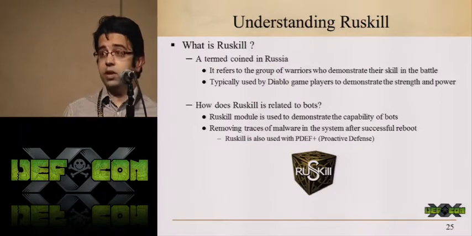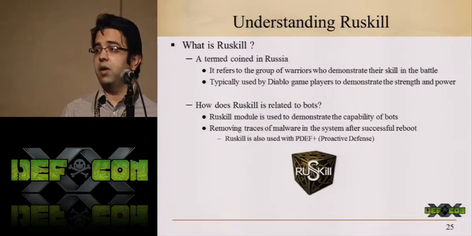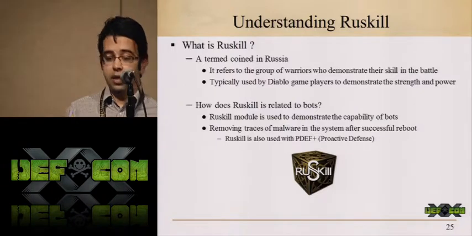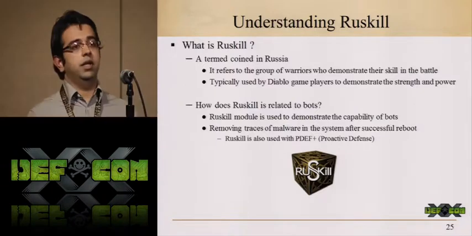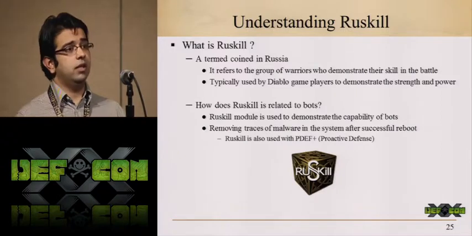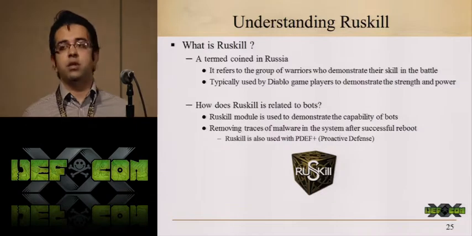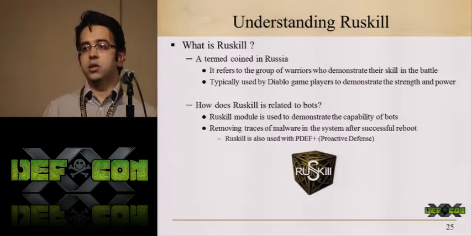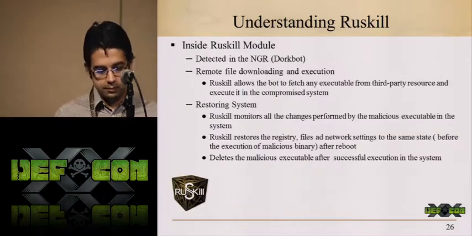It's some sort of showing off the power of a particular bot, right? It has that kind of functionality to download a third-party executable onto the infected machine, then execute it, and then completely remove all the instances that show this file has been executed on the system.